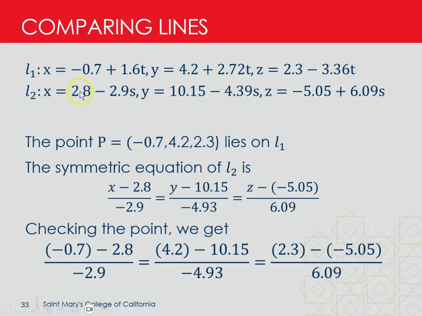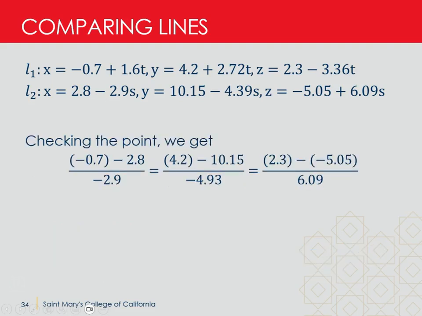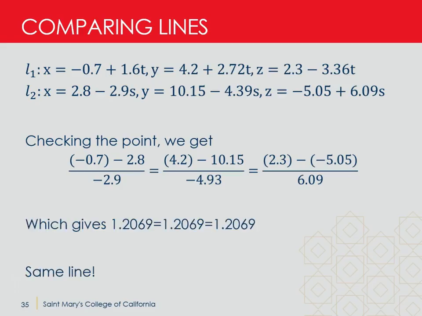The symmetric equation of L2 has x minus 2.8 divided by negative 2.9, and so on. So we plug in the negative 0.7 here, the 4.2 here, and the 2.3 here. Plug all those numbers in, crunch the numbers, it's not all that hard. Simplify it down a little bit, and sure enough, they are the same. We get 1.2069 for all three of them.